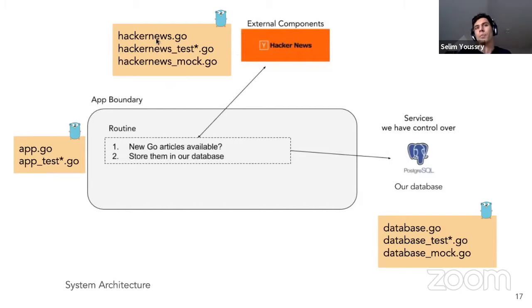External components would be prefixed by their name, here Hacker News tests. And you can see that for those external pieces I added a mock.go. We'll see how and why we need that. I guess that's the purpose of the talk: mocking. How can I test my app while relying on external services, and have unit tests that essentially test the end-to-end behavior of my app without really having to have those services up?